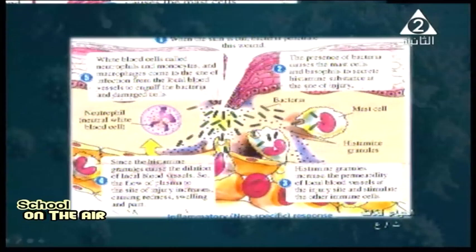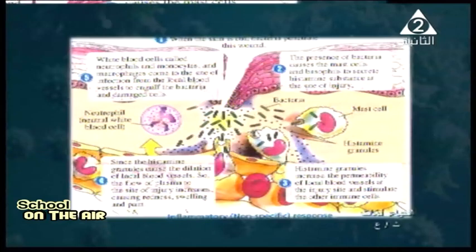After engulfing many bacteria, what happens? Number 3, the histamine granules increase the permeability of the local blood vessels at the injured site and stimulate the other immune cells, allowing many cells to enter. After they enter the body, what happens?